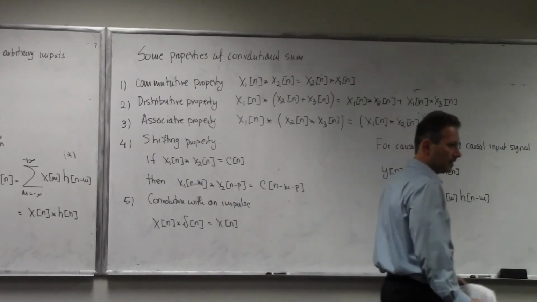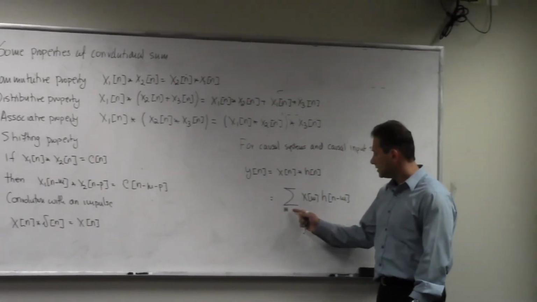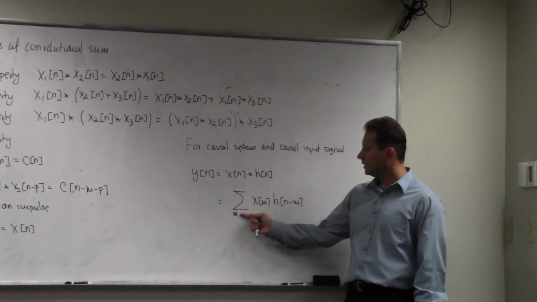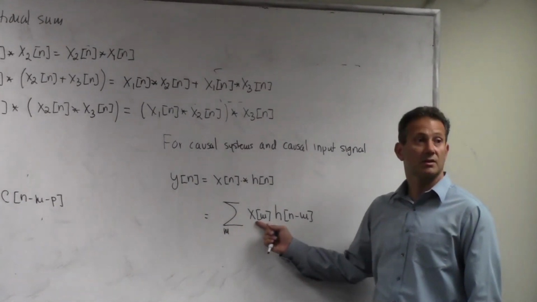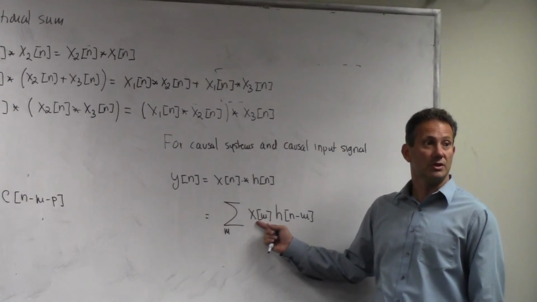But because the input is causal, is there any need to go in this sum before 0? No, because x for m smaller than 0 is equal to 0.